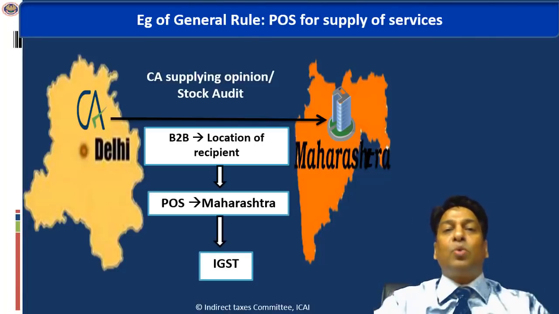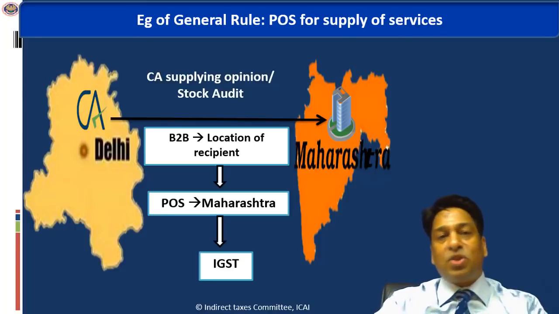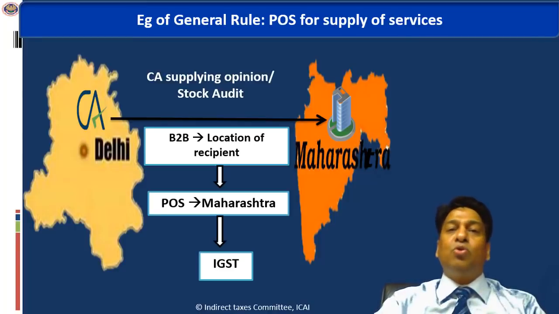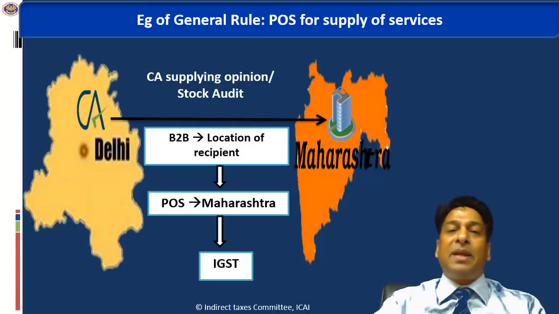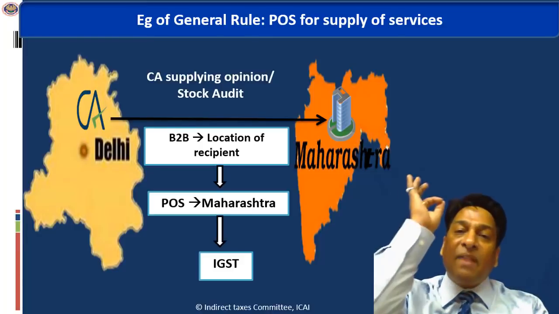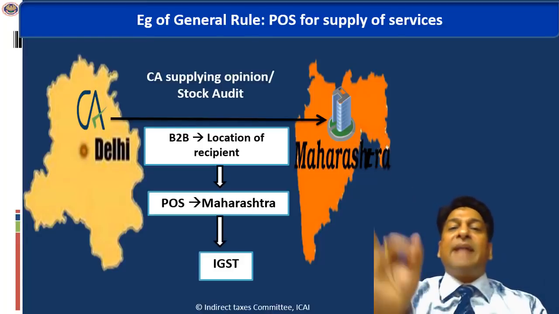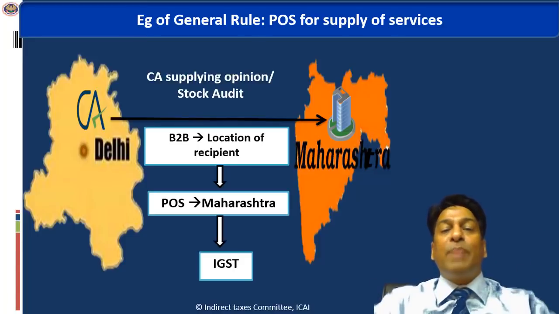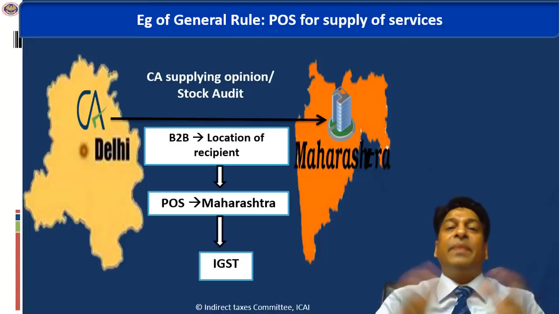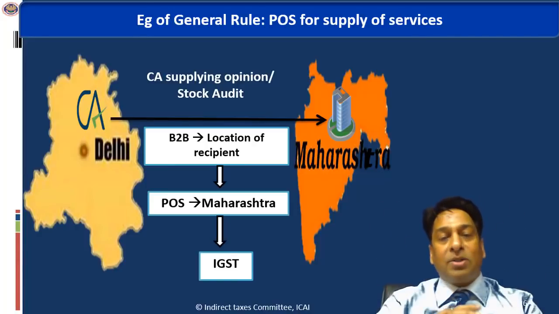As the default rule has said under section 12 subsection 2, if the transaction is B2B, registered supplier to registered recipient, then place of supply will always be location of recipient, meaning thereby this transaction would be interstate. IGST should have been charged.